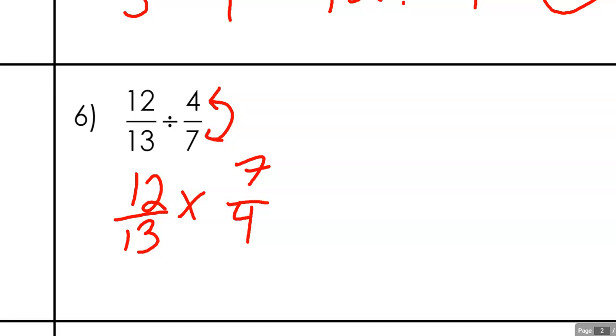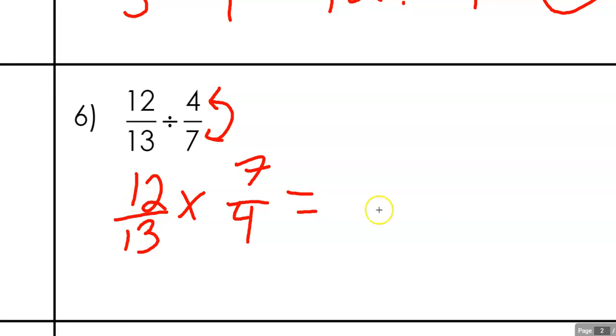And now you're going to use your steps for multiplying. So we're going to either multiply straight across or reduce diagonally. Okay, it'd be easier here to reduce diagonally so you don't have to multiply bigger numbers together. So let's reduce diagonally. That's 12 and 4. What's the greatest common factor here? It is 4.